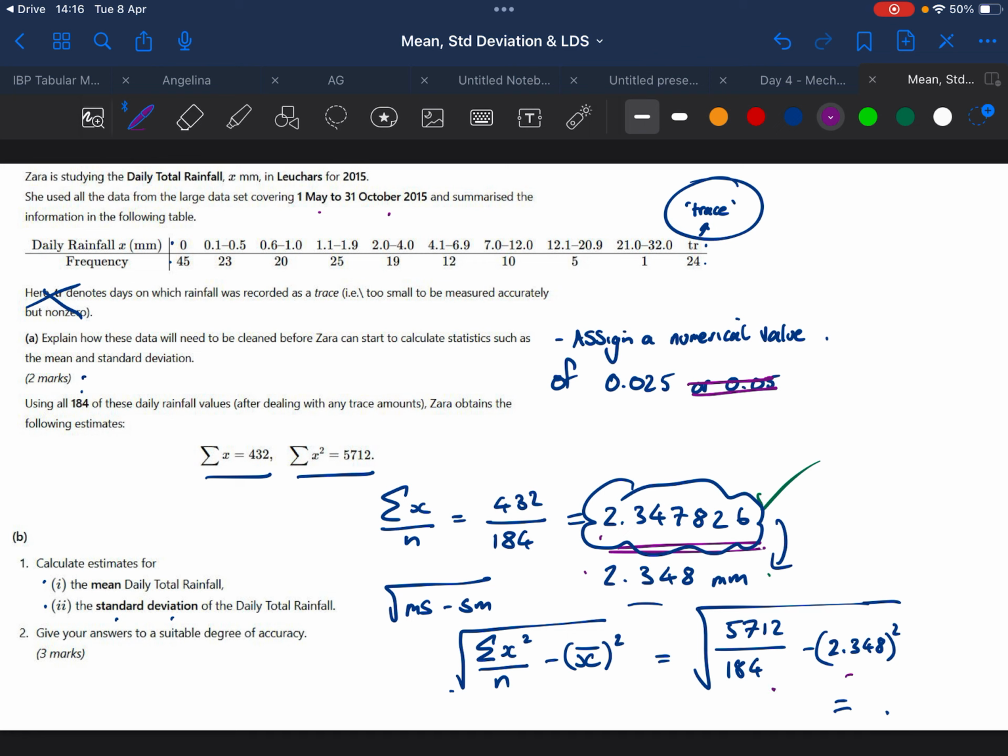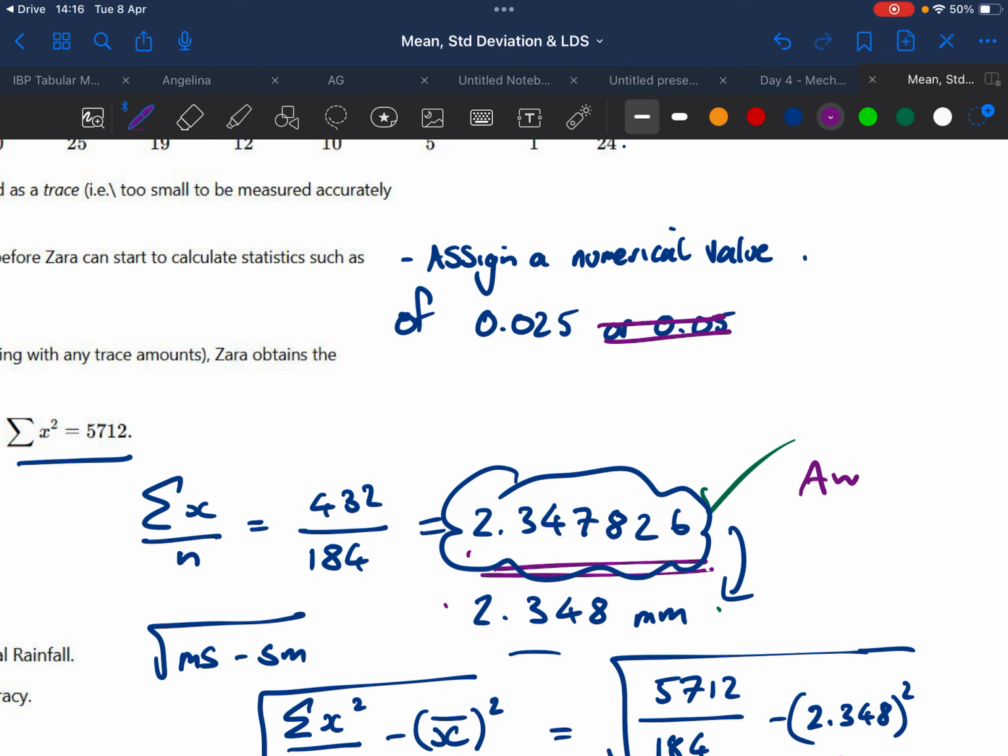Even though there is advice on the front of your stats paper about significant figures, in the mark scheme you are generally looking for AWRT, which just means answers which round to. So if you give lots of decimal places and then you round, you will be absolutely fine.